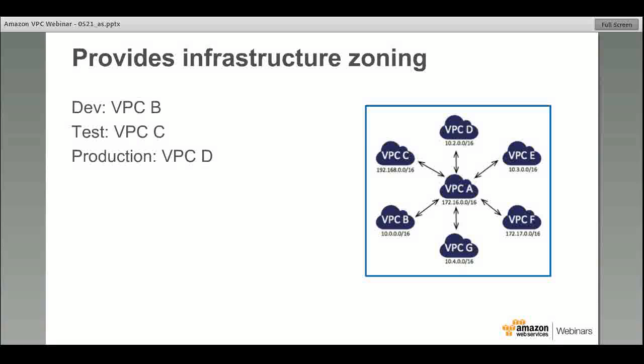And in fact, one of the things customers do with this is they actually configure identical address spaces between the VPCs so that applications can be tested in a completely identical environment and then just use bastion servers in a common VPC to access the different dev, test or prod VPCs for purposes of administration. But this allows you to have a complete replica of the virtual network underlying your applications and confirm that everything will work as intended.